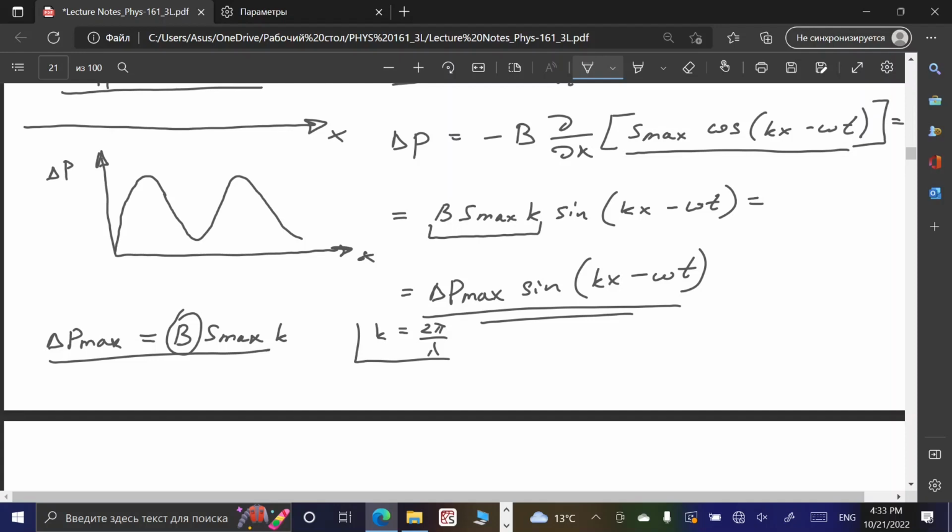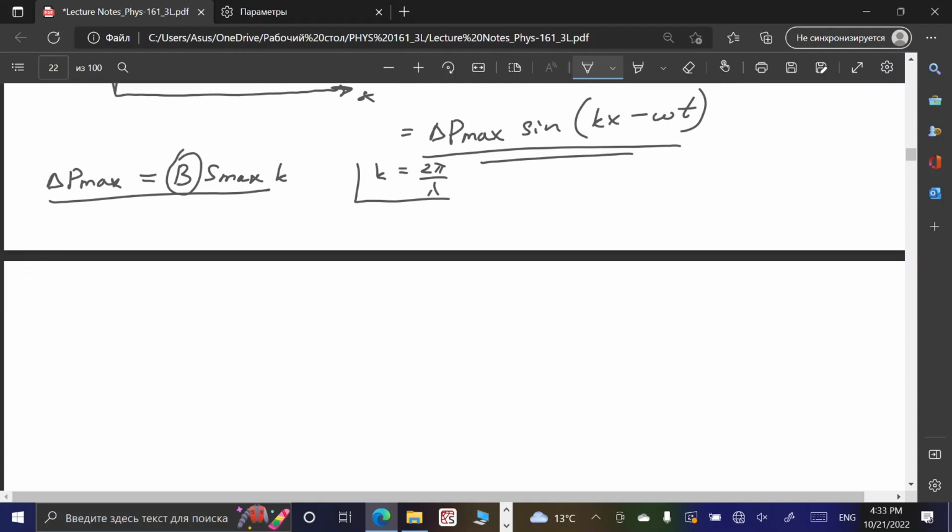So in order to have a transition from bulk modulus to density, we need to first introduce the speed of sound. The speed of sound is given with this simple equation, which is the square root of bulk modulus divided by the density of the medium, rho.